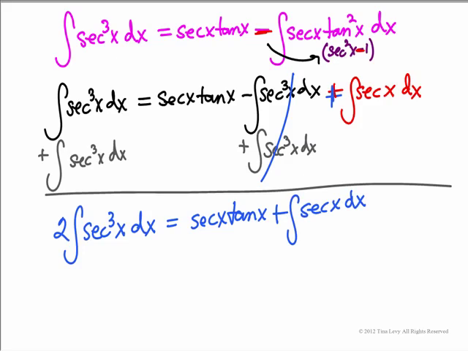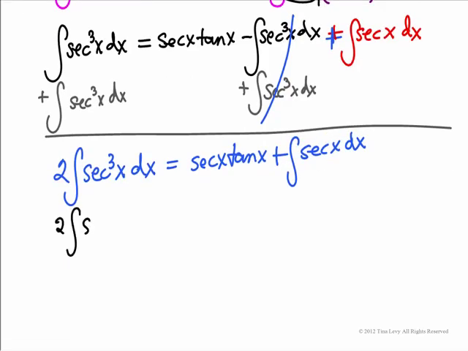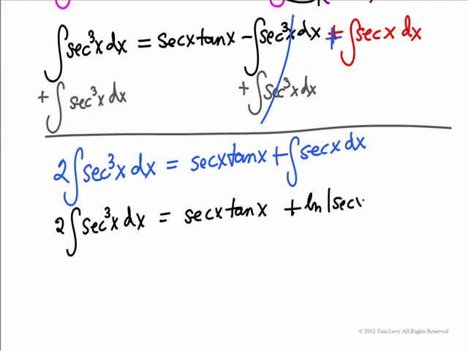Continuing, 2 times the integral of secant cubed dx is just secant x tangent x plus the antiderivative that we've memorized of secant, which is the log of secant x plus tangent x, plus a constant.